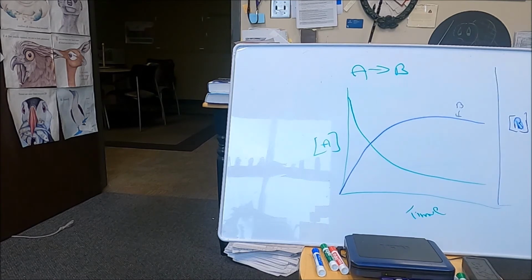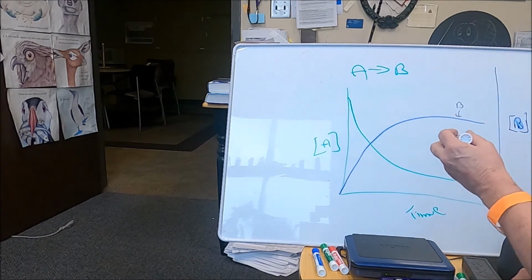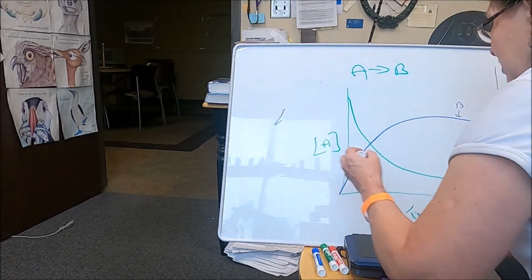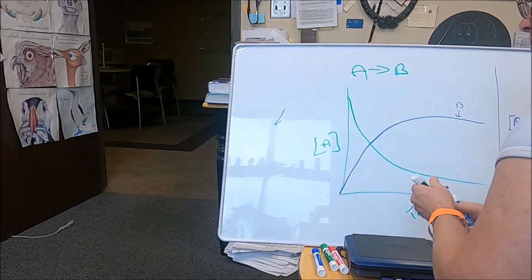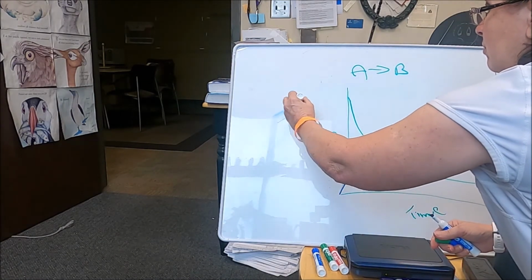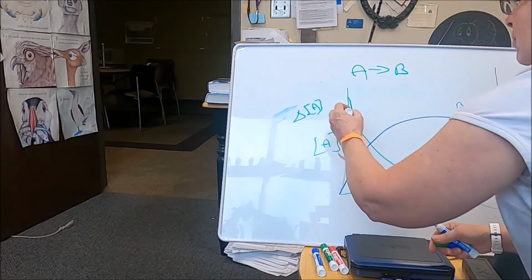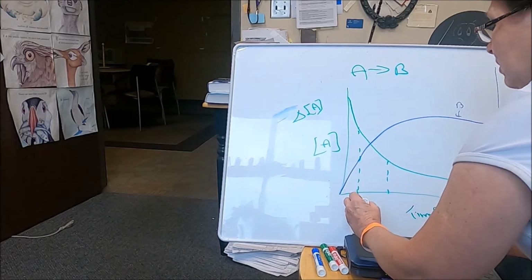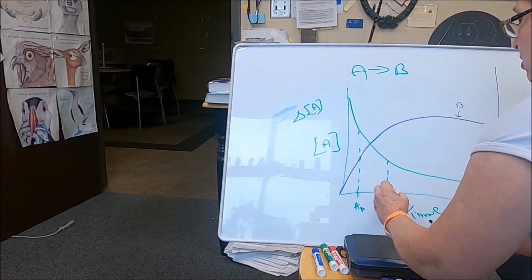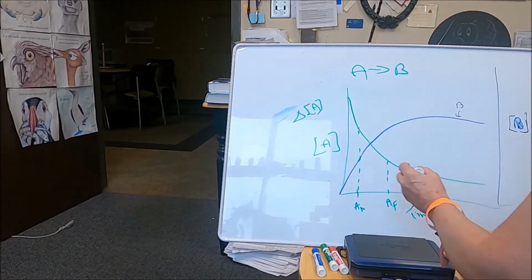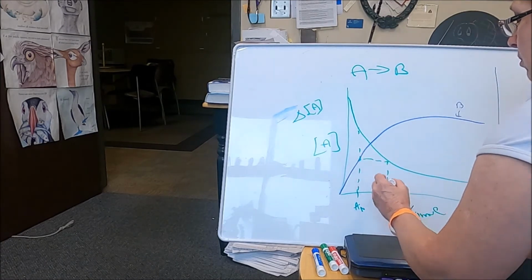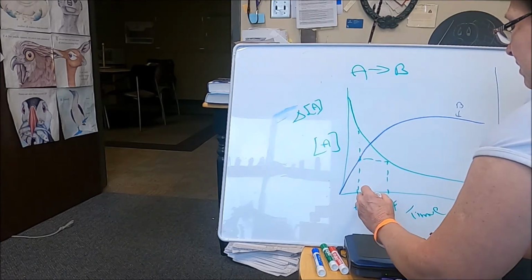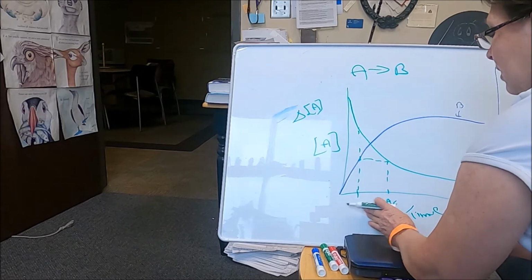Okay? Now, if I looked at delta A between 2 points here, so that's A initial, A final, and there's our delta T. Well, excuse me.